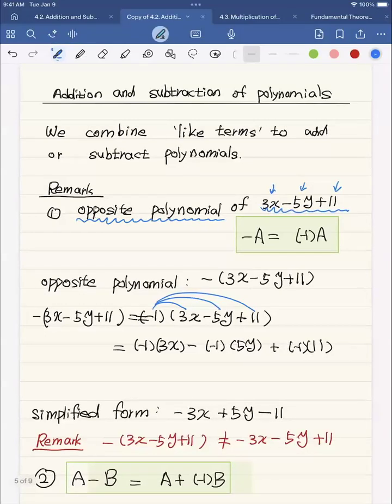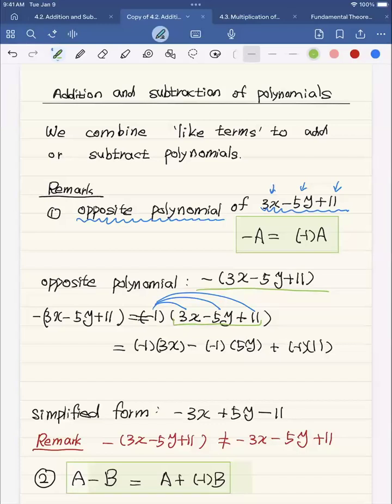So when we write it like this, minus open parenthesis 3x minus 5y plus 11, that means we are multiplying -1 to this polynomial. When we simplify, we have to distribute.